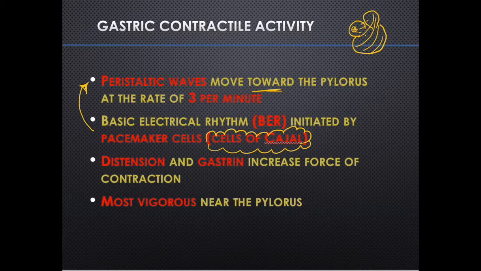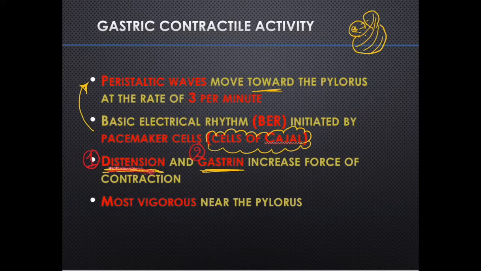What stimulates the Kagel cells to depolarize at a faster rate are two major stimuli: gastrin as well as the distension of the stomach. So two major factors that I will see stimulating the Kagel cells to increase the rate of depolarization.